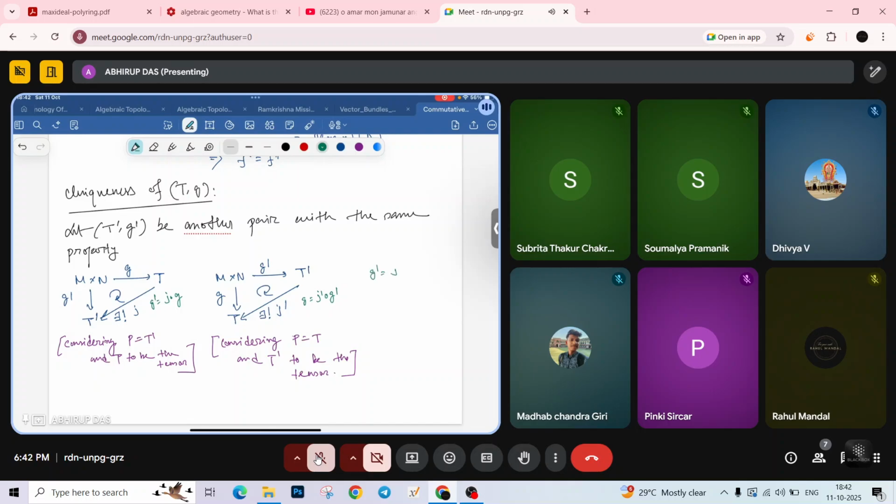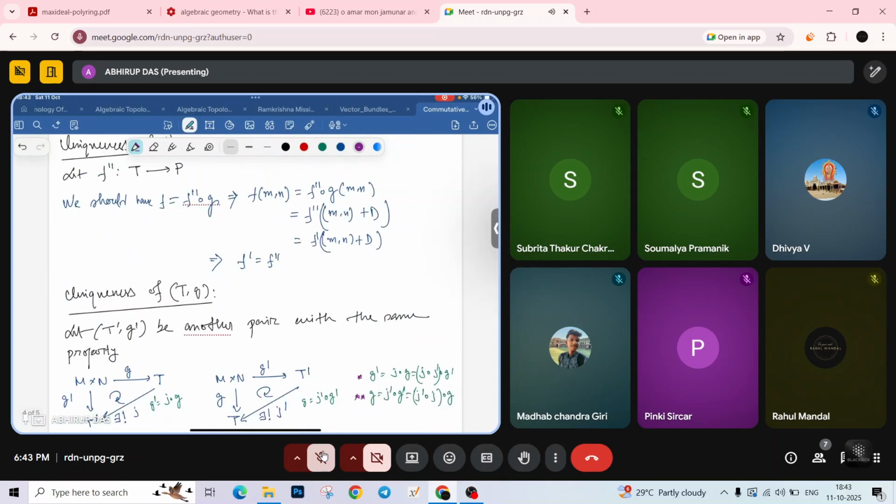So G prime is J compose G, which is J compose J prime compose G prime. Again, G equals J prime compose G prime, that is J prime compose J compose G. So you have these two relations. Call it star and call it double star.